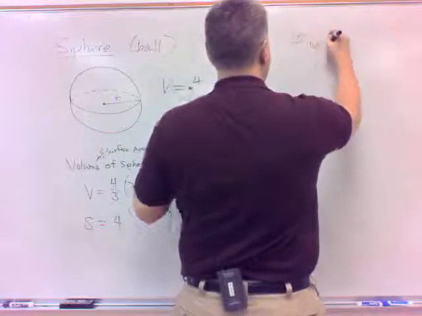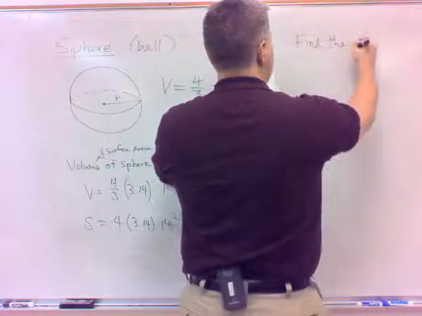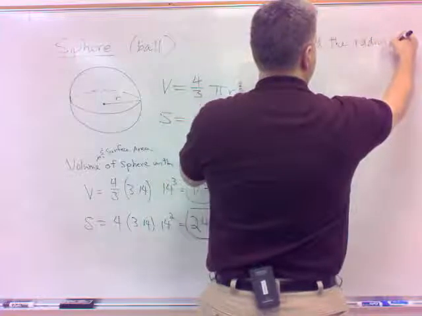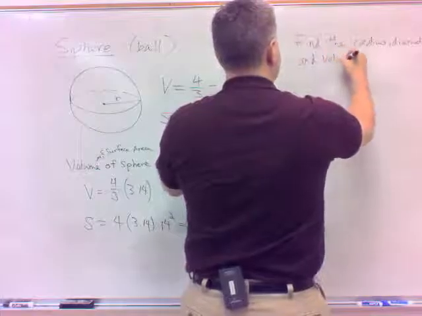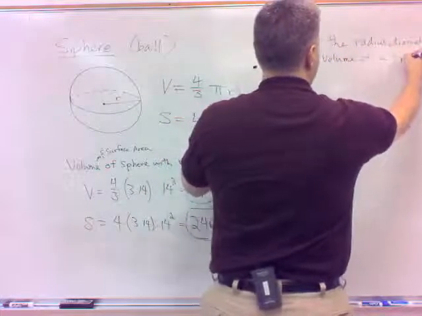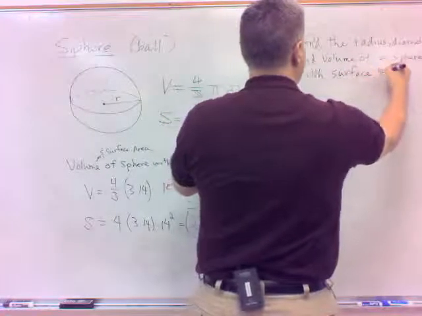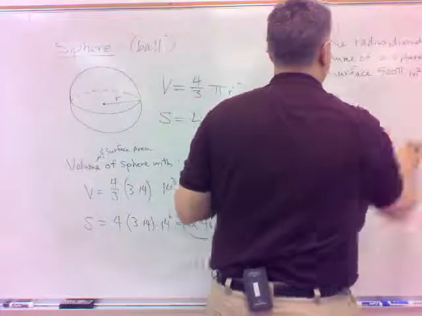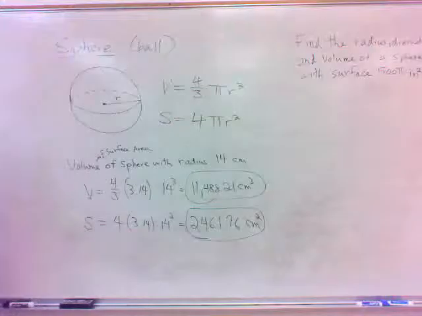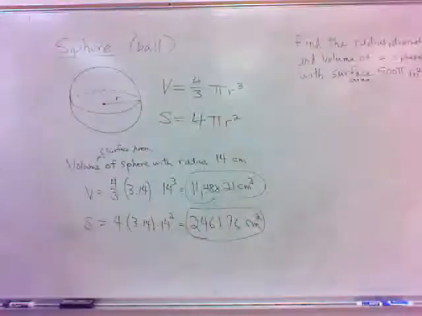All right, so let's find the radius, diameter, and volume of a sphere with surface area 500 pi square inches.